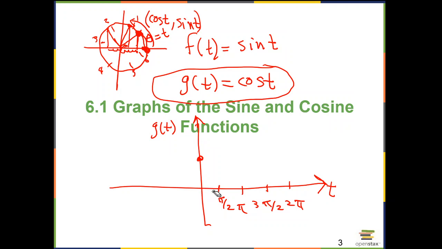So at pi over 4, cosine is about 0.7. If this is 1, 0.7 is about over here. And then when we go to pi over 2, cosine is 0, right? So it looks like cosine is going to go like that.